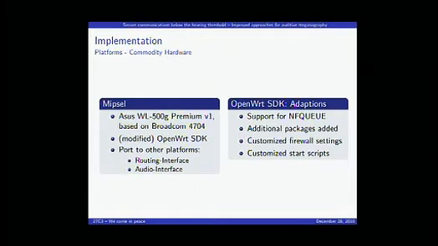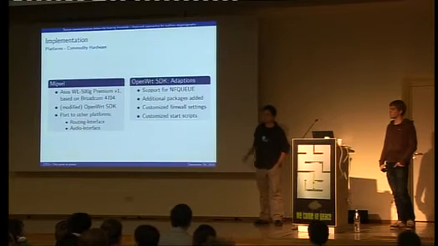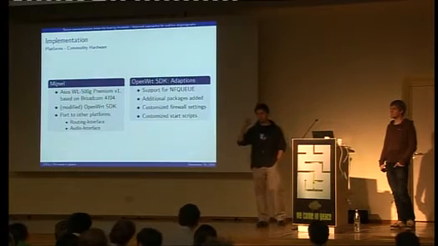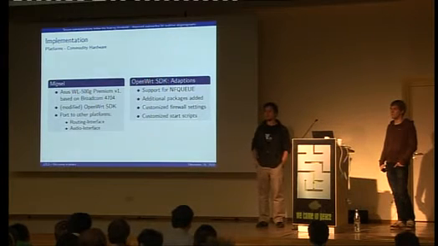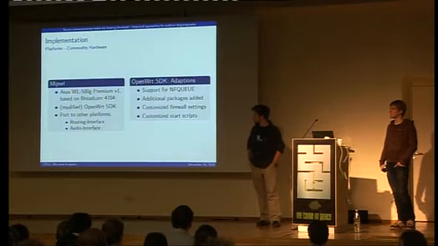In this case, we took the ASUS WL500G Premium version 1, which isn't available anymore, but it's based on the Broadcom 4704 chip. And we were able to port our framework using a modified OpenWRT SDK. Maybe you've heard of OpenWRT. This is some kind of Linux distribution which can be used on embedded devices, such as these routers.